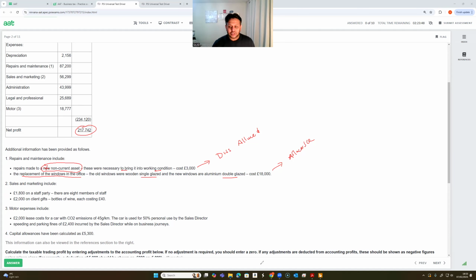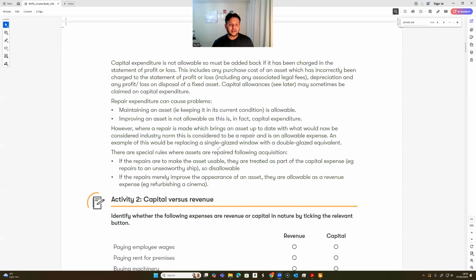Now let's go back to the book quickly and let me show you here what they are saying. Let's look at here. Here they are saying capital expenditure is not allowable, so must be added back if it has been charged in the statement on profit and loss account.